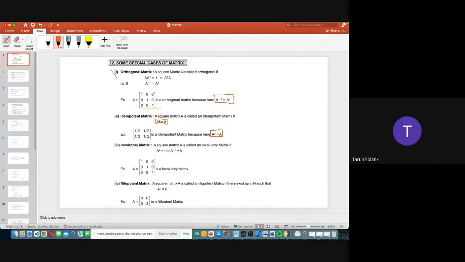So first orthogonal, second idempotent matrix. Two special cases we have seen. First copy these two, then we'll see the third one, which is the involutory matrix.